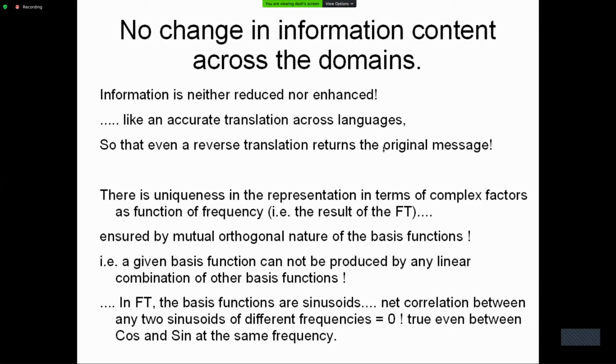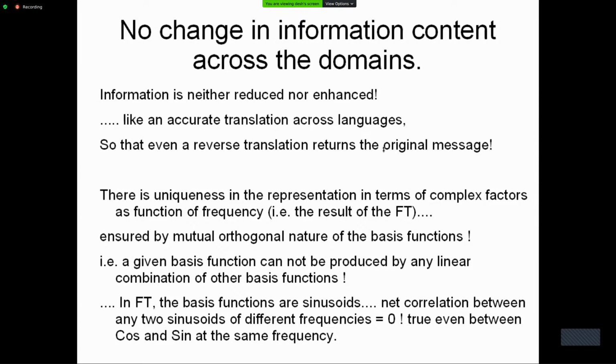So when something has to be represented by a particular sinusoid, it can be represented by only that sinusoid. Nobody else conspiring can mimic the contribution that a particular sinusoid makes. So that is what makes the representation unique.